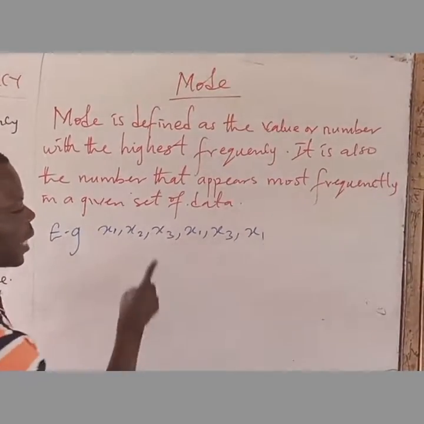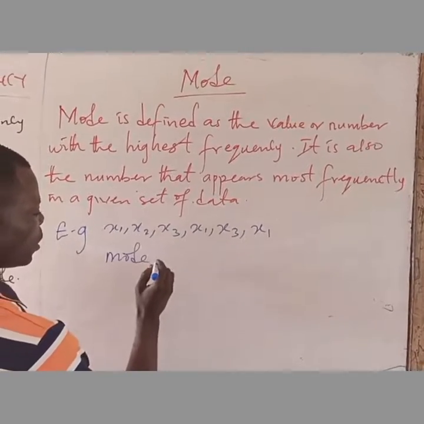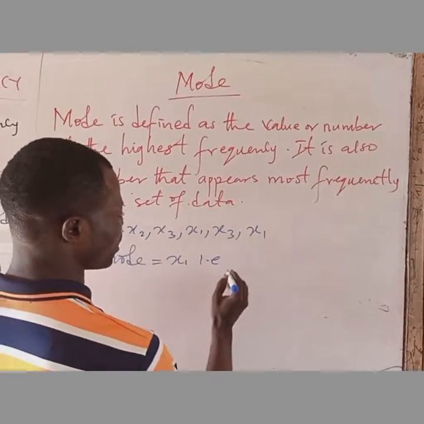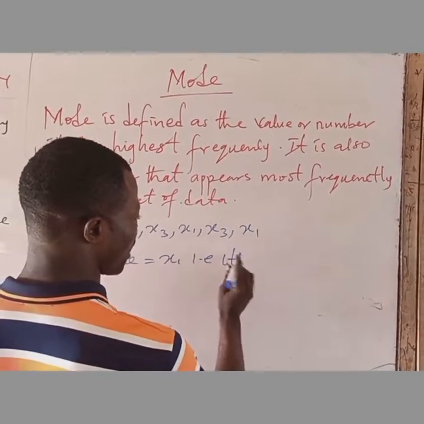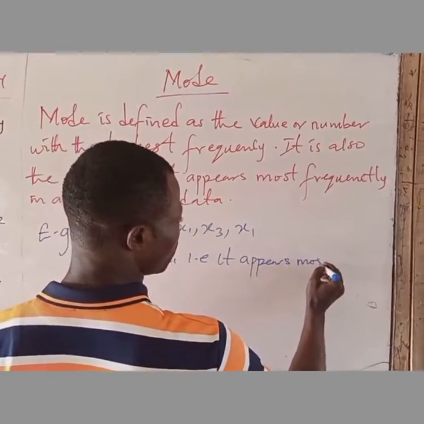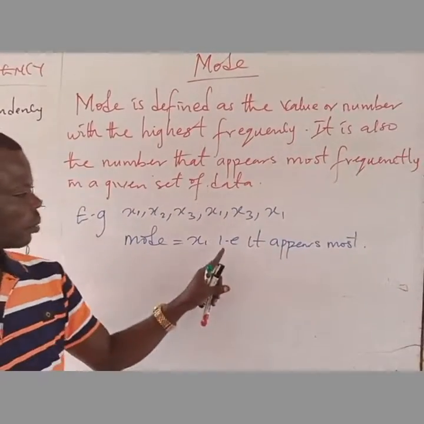So we say that our mode is x1. Mode is equal to x1. That is, it appears most. So it's the number that appears most, which is x1.